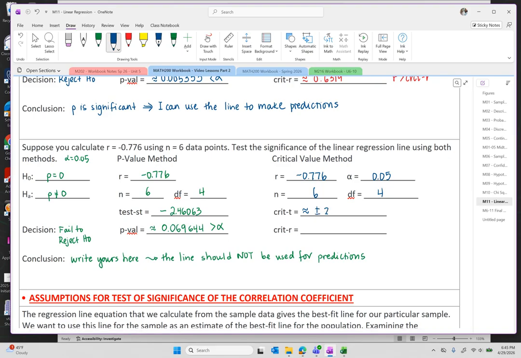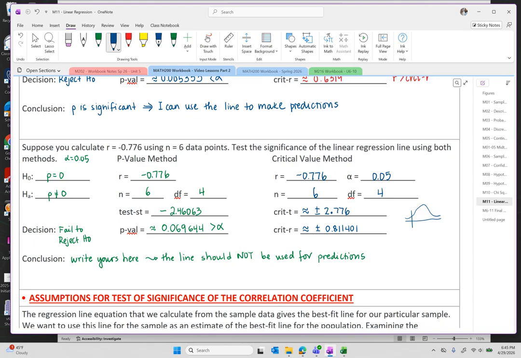Remember, these are plus or minus values because you do have a negative R. And the critical value was plus or minus 0.811401.